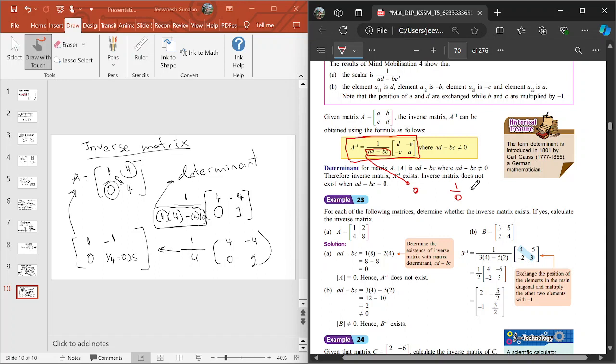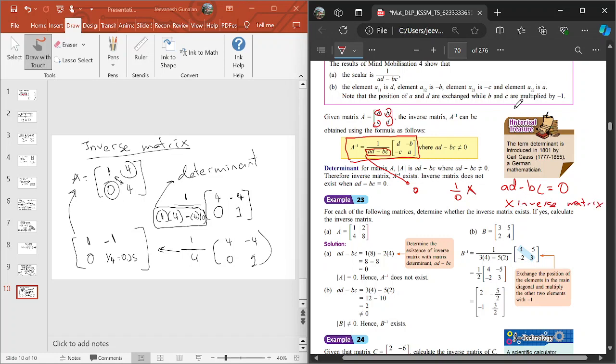Well, can you divide 1 by 0? You cannot, at least in normal maths. So that's why before you find the inverse, you just do this thing first: AD minus BC, basically A times D minus B times C. And if you got 0, it means that matrix doesn't have an inverse matrix.